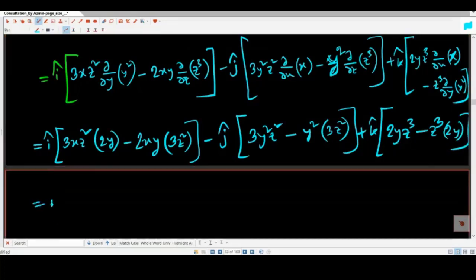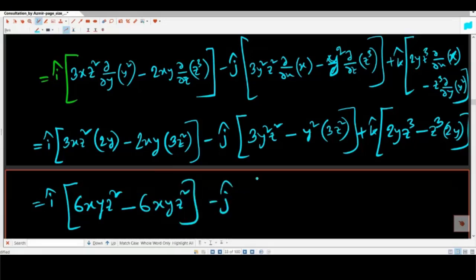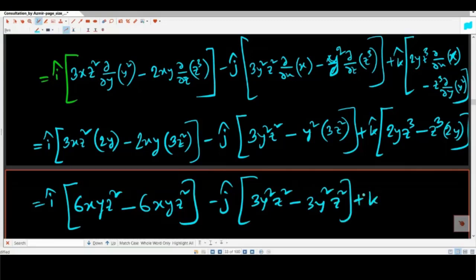So we have i 3 times 2, that is 6xy z squared, negative 6xy z squared, negative j 3y squared z squared, 3y squared z squared, plus k 2yz cubed, negative 2yz cubed.